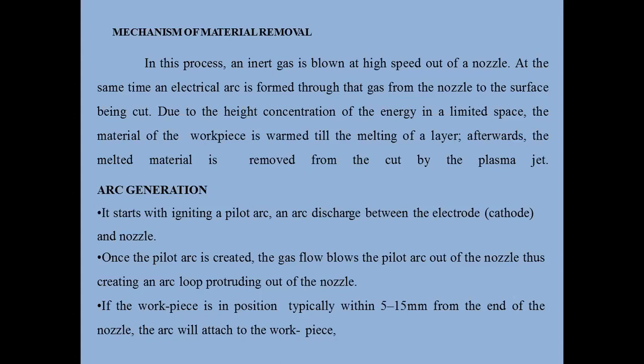In this process, an inert gas is blown at high speed out of the nozzle. At the same time, an electrical arc is formed through that gas from the nozzle to the surface being cut. So we have seen the pilot ignition arc, and the arc is transferred to the workpiece.